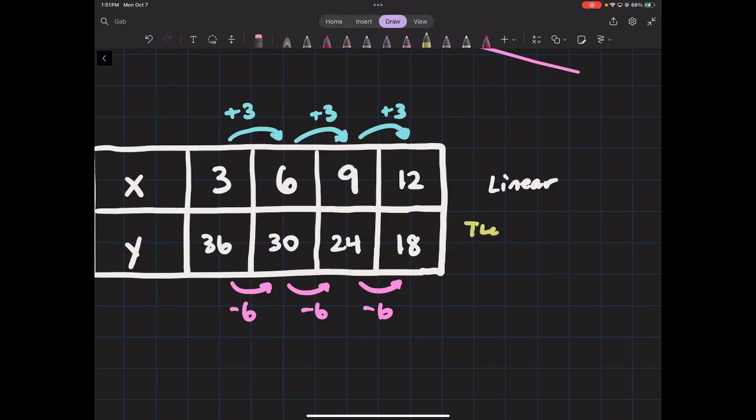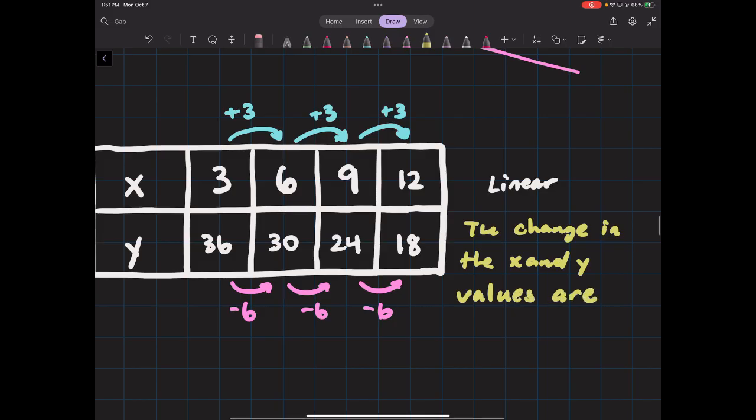The x and y values. Actually, wait, I forgot a word. The change in the x and y values are constant.